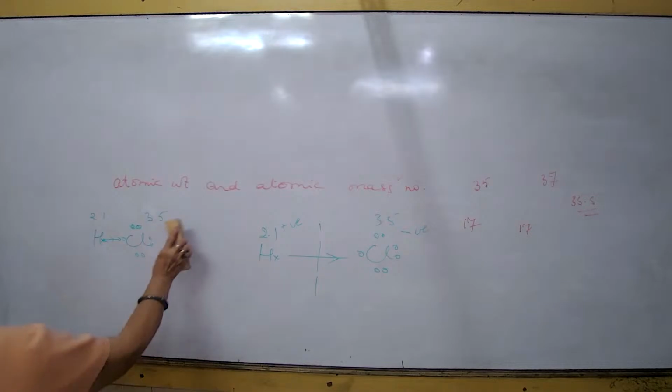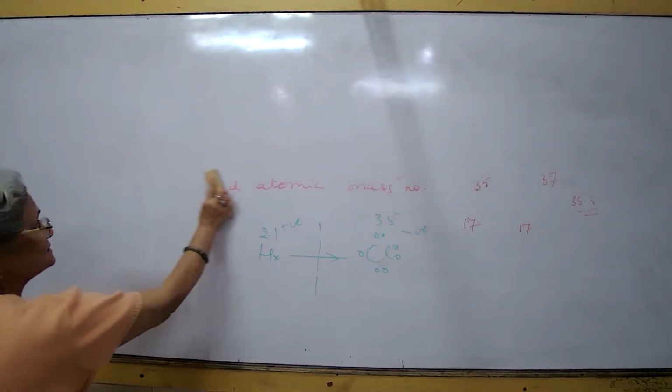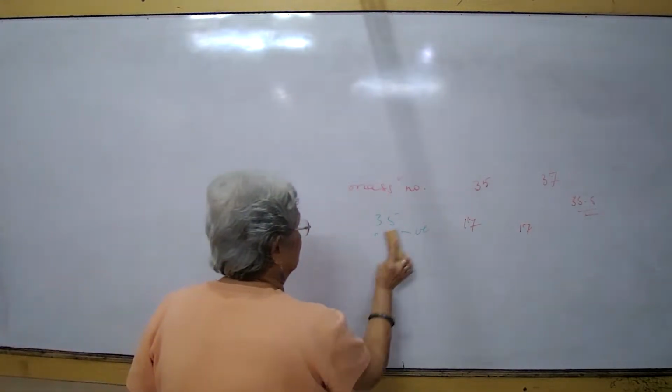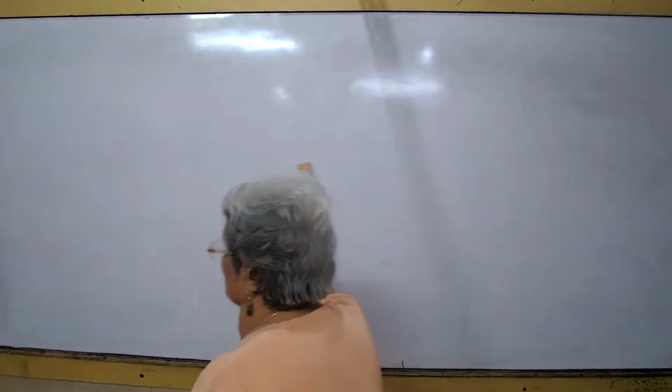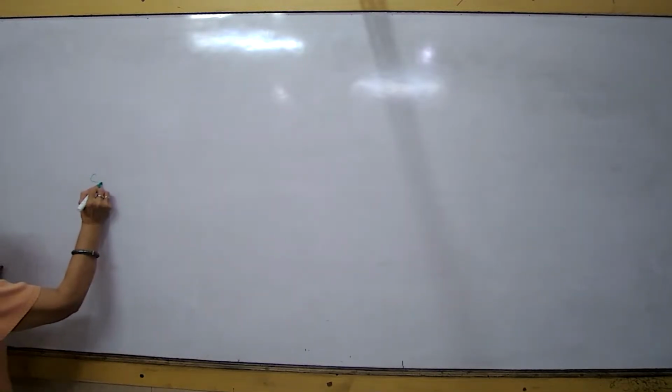Suppose you have a carbon compound like this. Ethane, C2H6.